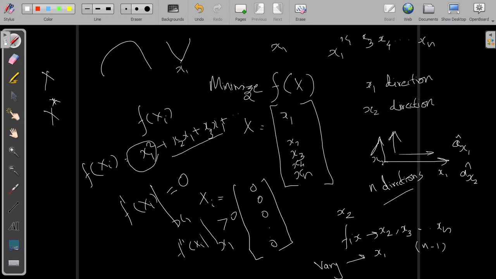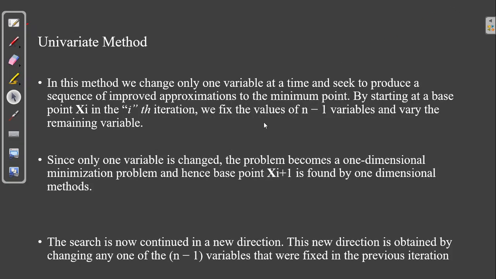Now we will choose x2 as the variable, that means the varying quantity, and the remaining n minus 1 variables x1, x3, x4, etc. xn are fixed.